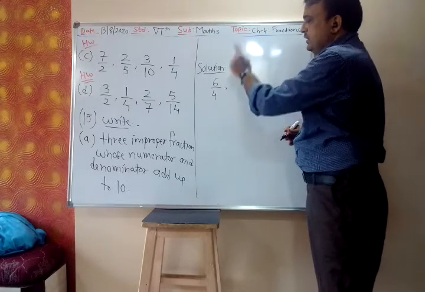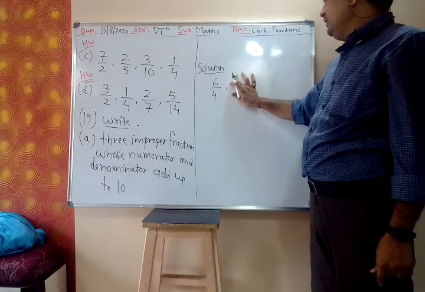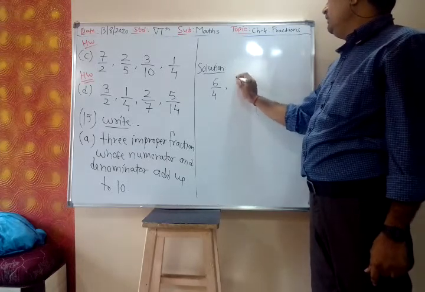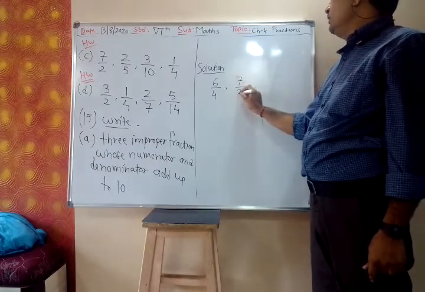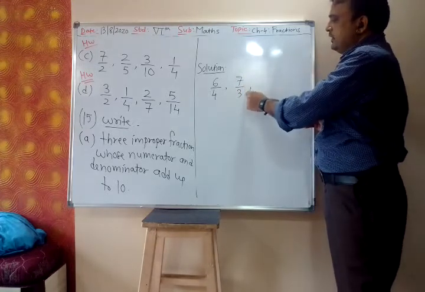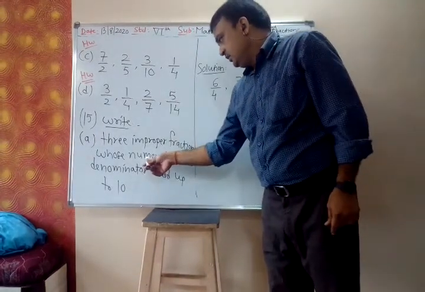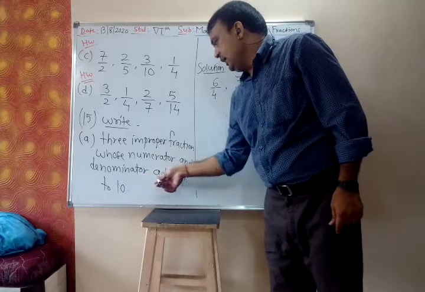Then 6 plus 4 is 10. Then we can take 7 by 3 also. Numerator is bigger than denominator, so it is an improper fraction. 7 plus 3 is 10. Numerator and denominator add up to 10.